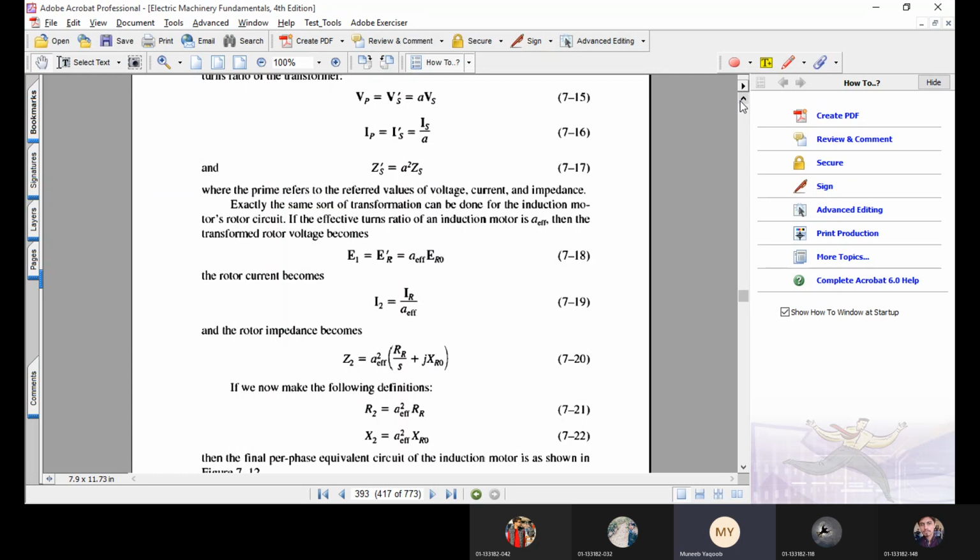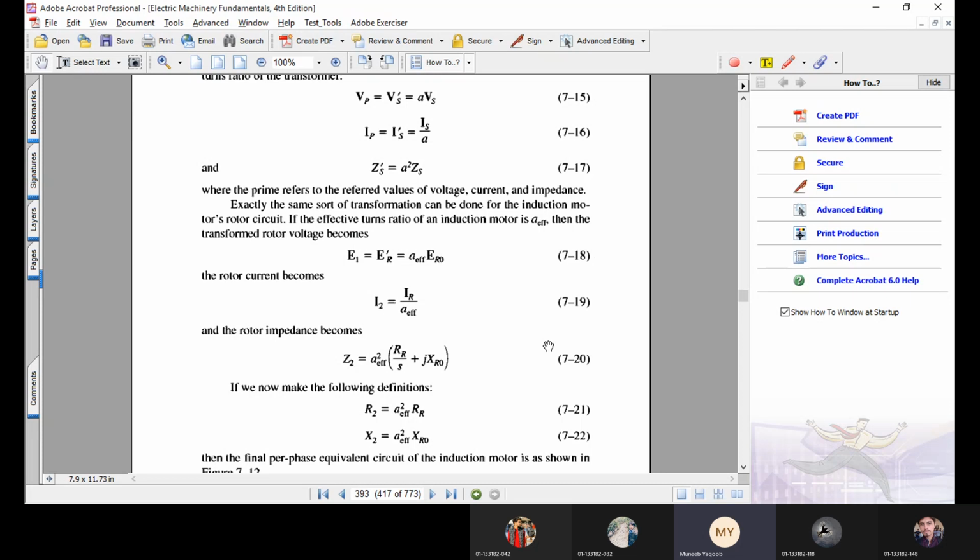So the author says that obviously this is a fact that in a squirrel cage induction motor there is no rotor winding, but still on the basis of the ratio of rotor's voltage and the stator's voltage, that is Vs upon Vp, we can define an effective A. So in that case, we will name A as effective A. Not actual A, it will not be actually present there, but it can be computed mathematically.